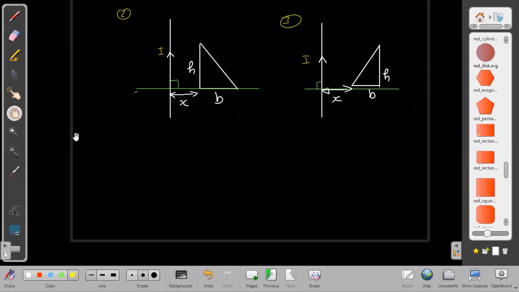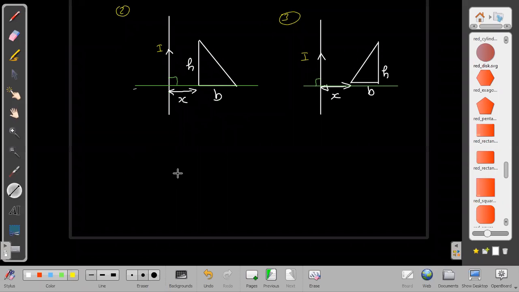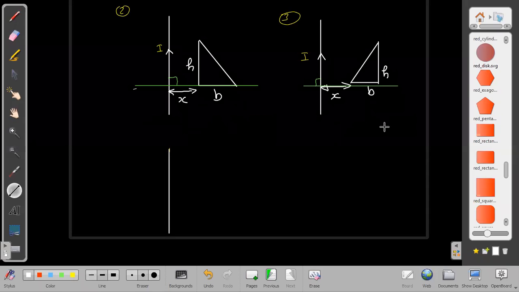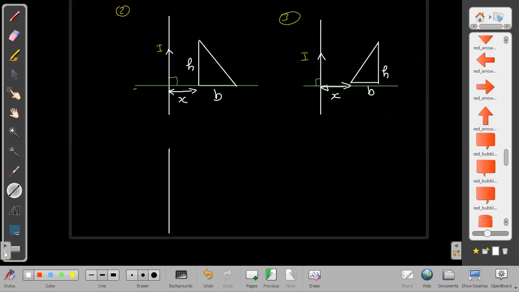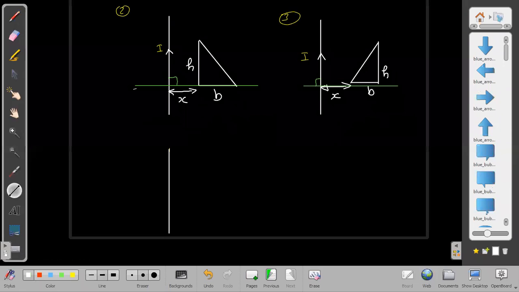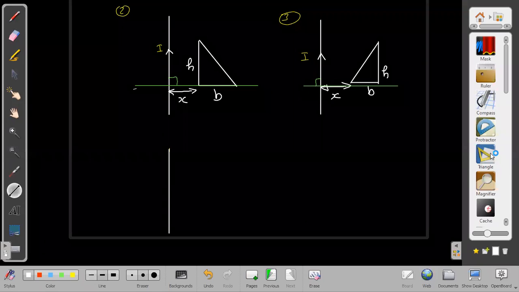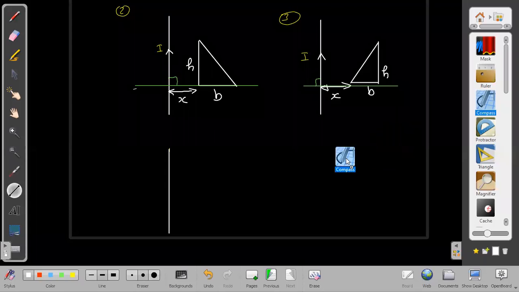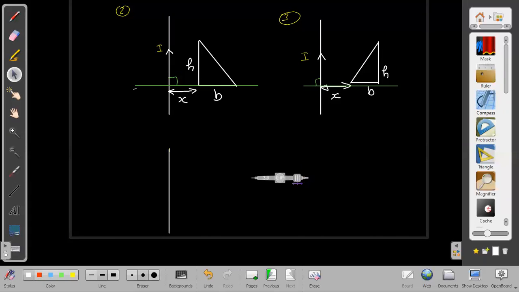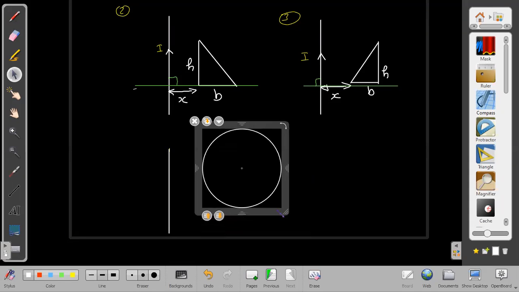Then one more case is left. That also is different, and we will take that one also. This time I will take a circle. If possible, keep finding answers also.